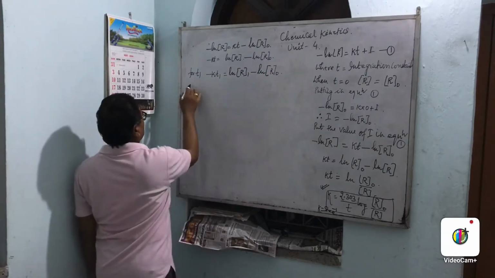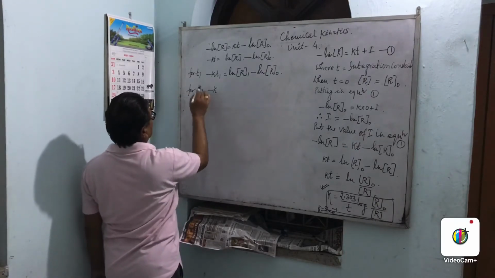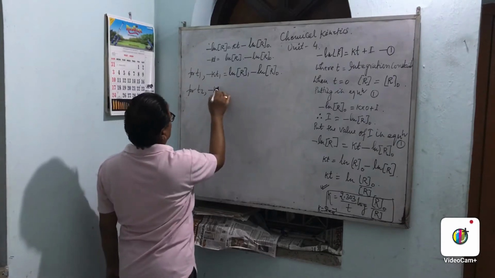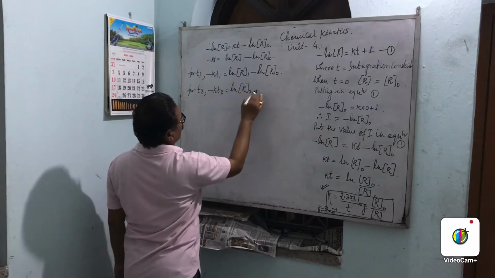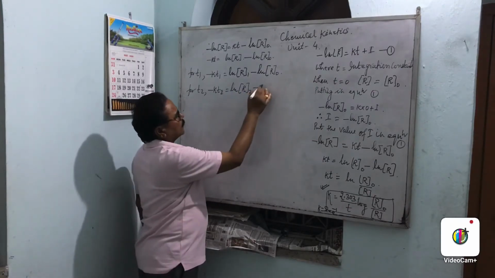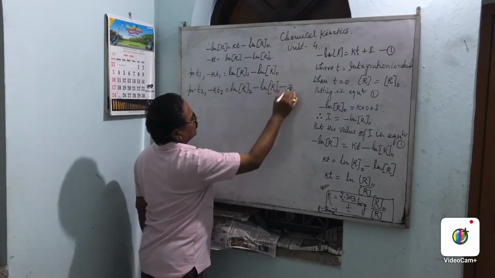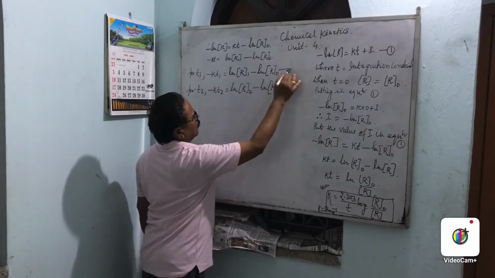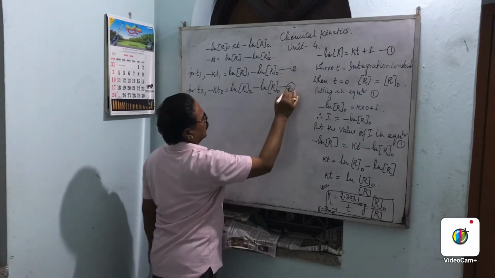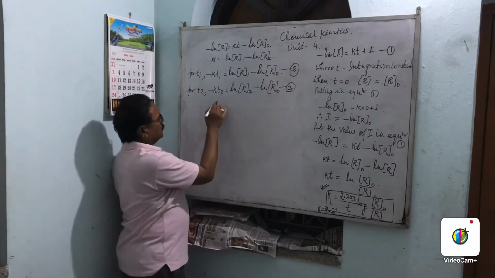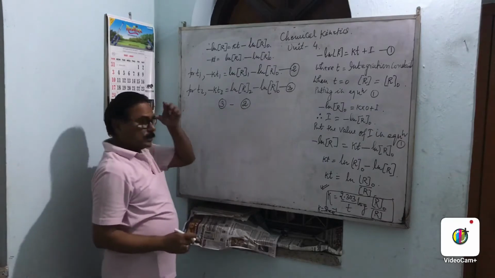Now for t2 second, minus kt2 is equal to ln R2 minus ln R naught. Suppose the first is equation 2 and this is 3. Then 3 minus 2, what do we get?